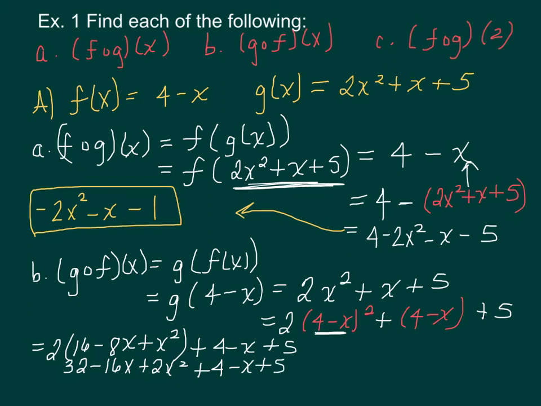Then from here, you just combine like terms. And I'm going to get 2x squared minus 17x, and that'll be plus 41.